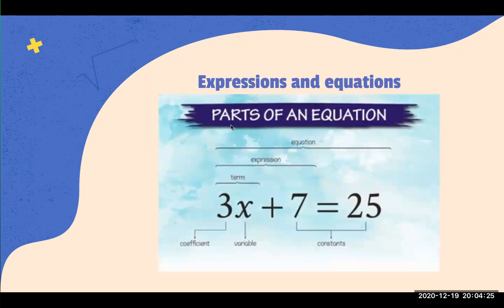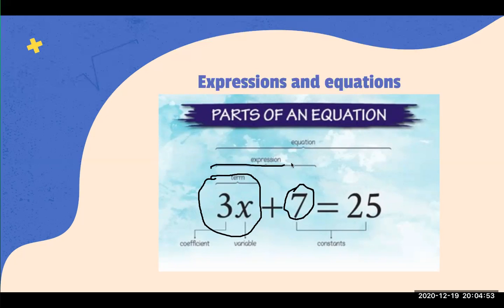So these are the parts of an equation. You have, this is called a term because there's only multiplication and division. There's no addition in here. If you have an addition, then this other addend is another term. Terms don't have addition or subtraction in them.